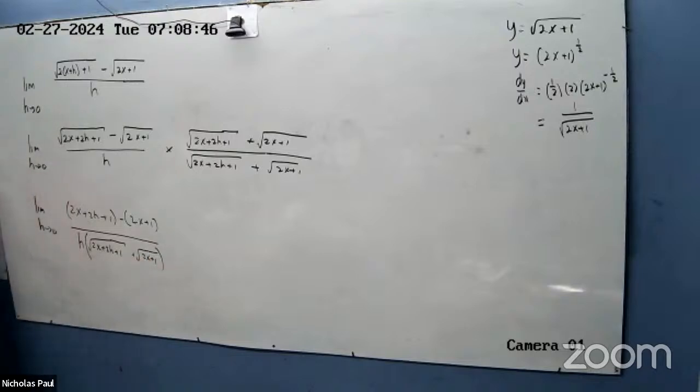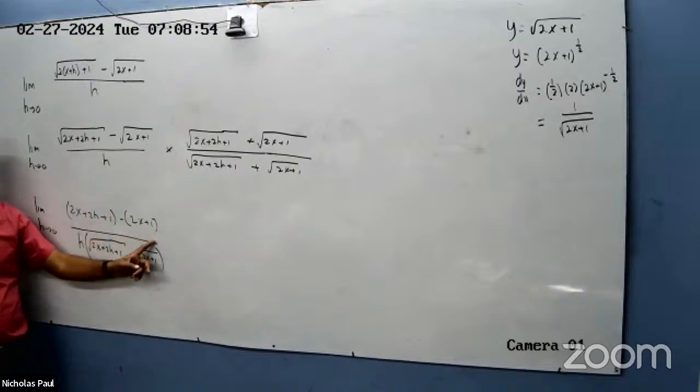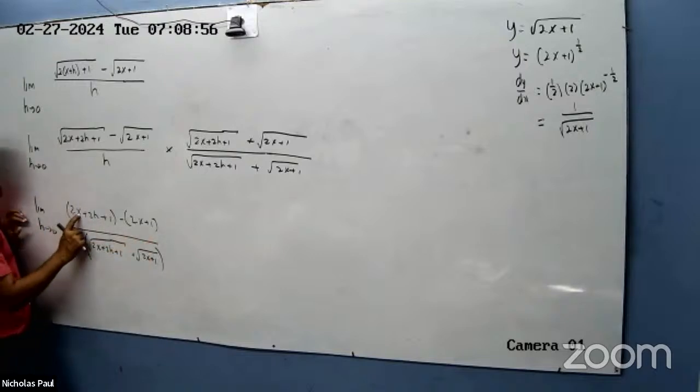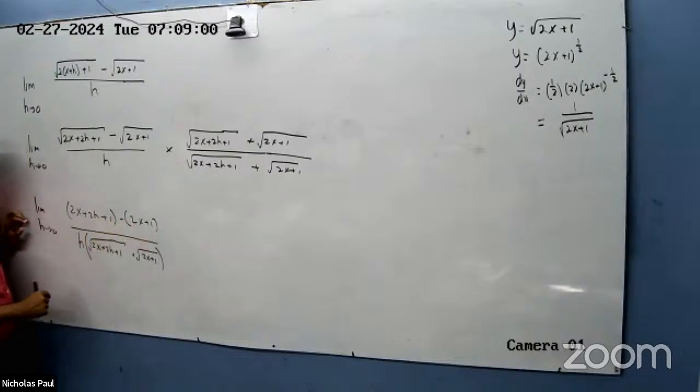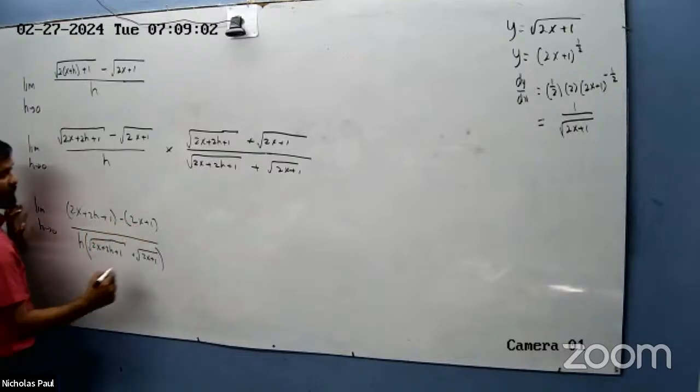You okay with that? What's the next thing to do? Simplify here, so I'll get 2x minus 2x plus 1 minus 1. And what will happen?